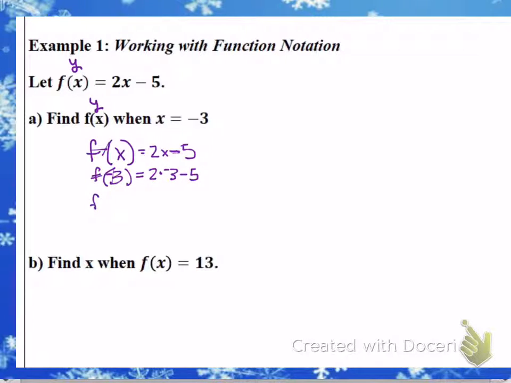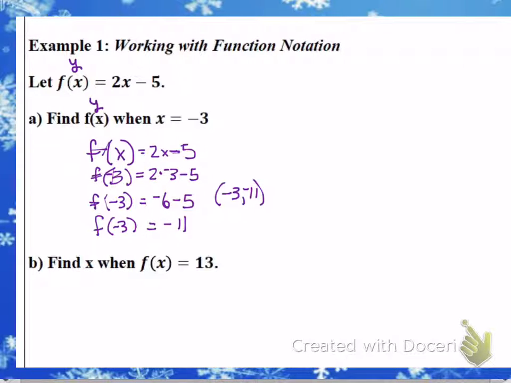That means that f of negative 3 is equal to negative 6 minus 5, or f of negative 3 is equal to negative 11. So finding f of x is just like finding y. Again, that gives us an ordered pair. Our input, x, was negative 3, and our f of x, output, or y, was negative 11.